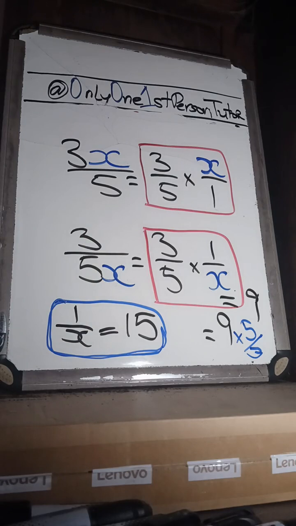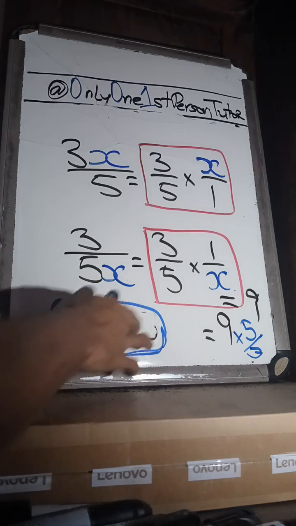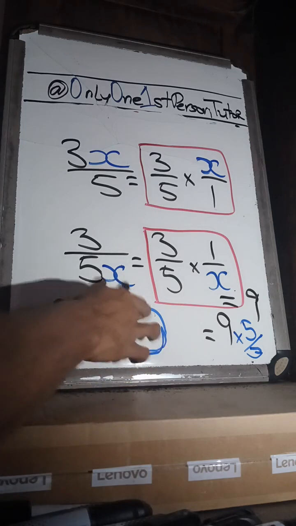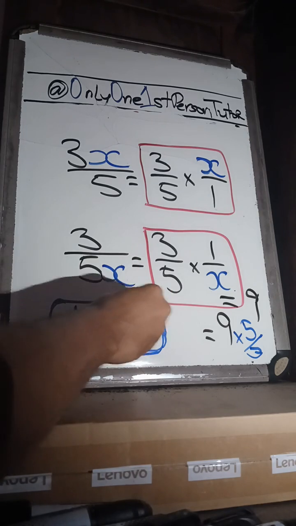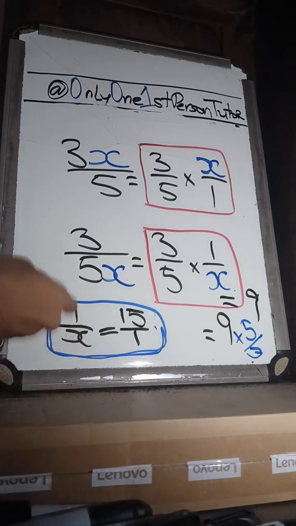So, if 1/x is equal to 15, x over 1 is equal to 1/15, because this is the same as 15/1. So if you know what the value of 1/x is, you know the value of the other side. Flip both of them upside down.